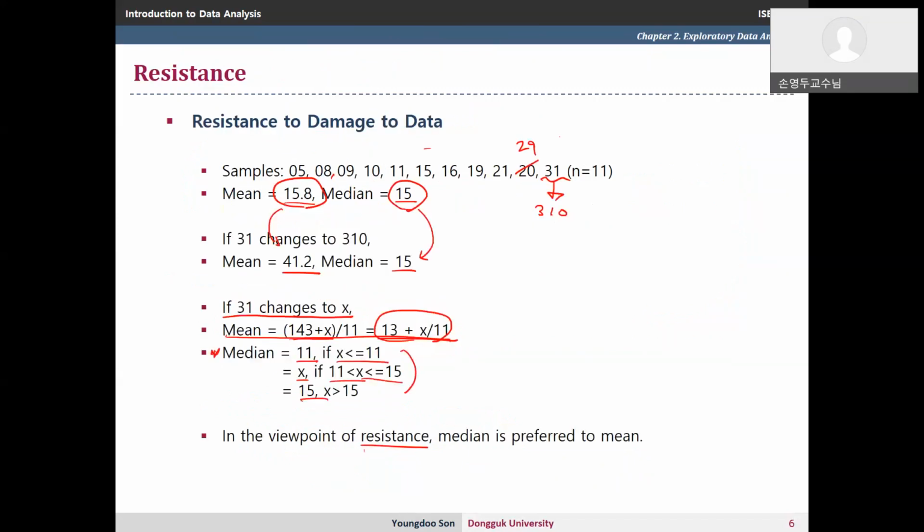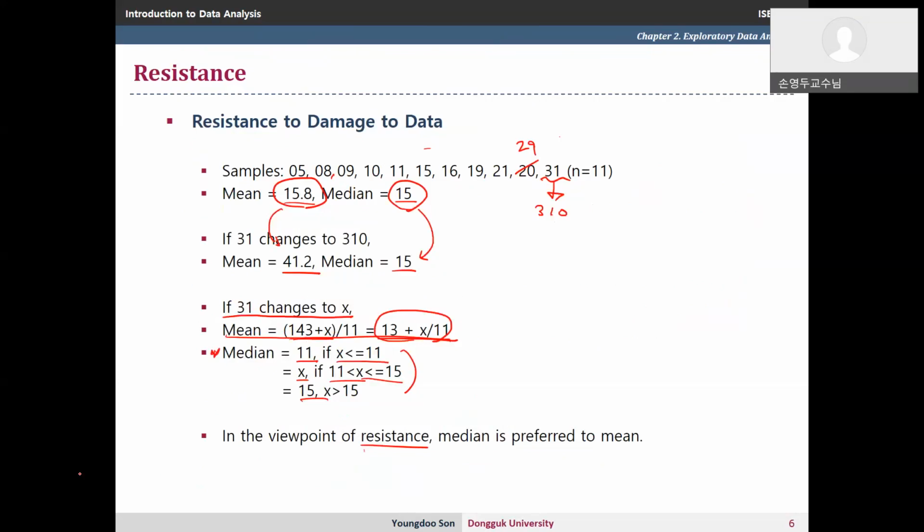So we assume that the data is damaged so that the last sample 31 is changed to 310. Then the mean is changed from 15.8 to 41.2.